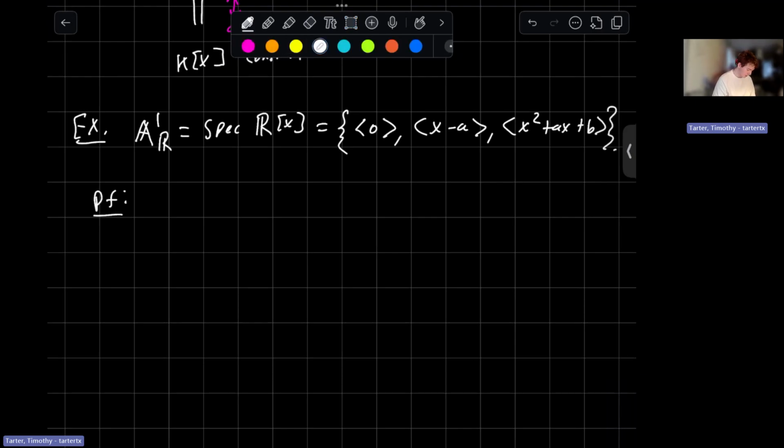I think it's something along the lines of degree 3 polynomials become reducible, but maybe not in R, right?